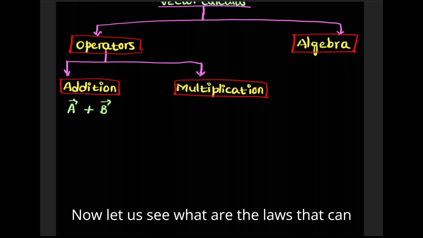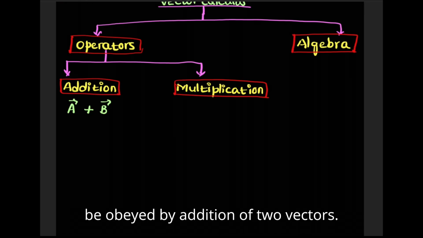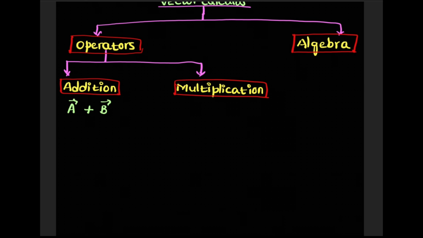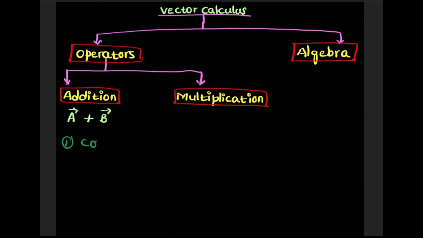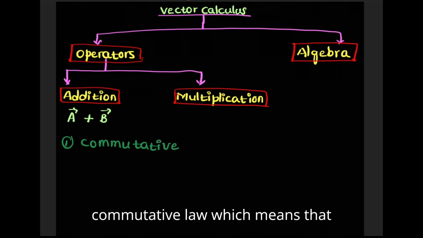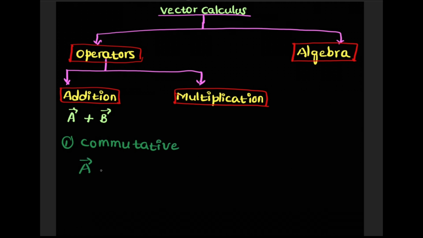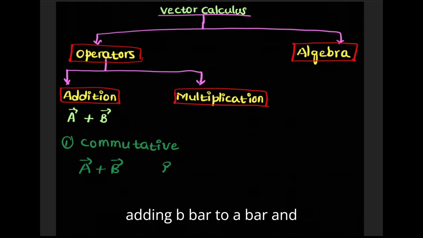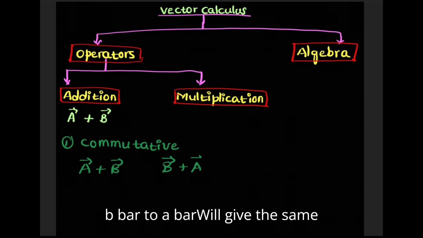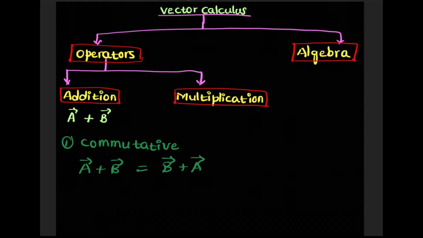Now let us see what are the laws that are obeyed by addition of two vectors. The first law is the commutative law, which means that adding b bar to a bar and a bar to b bar will give the same resultant vector.